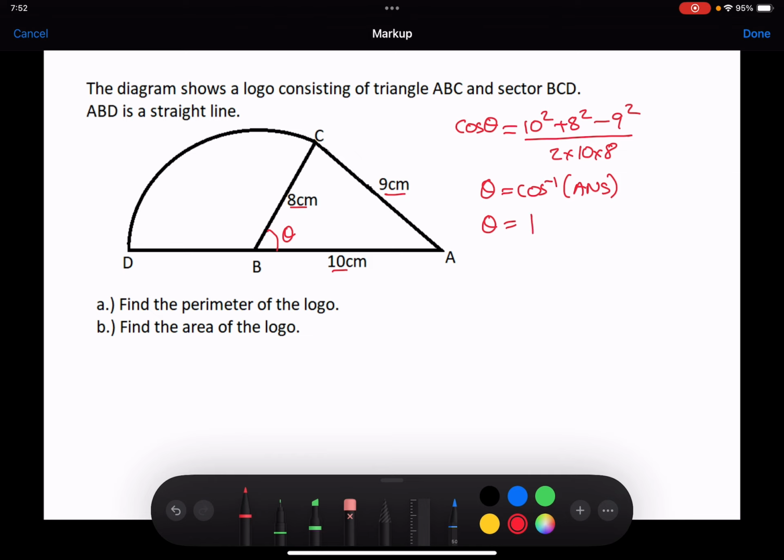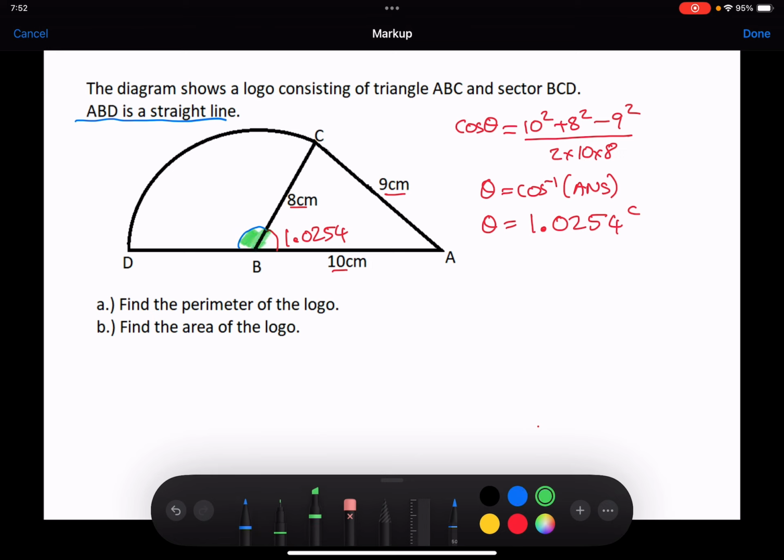So, I work out that that angle theta is 1.0254 radians. Now I can use that to work out this angle, because I've been told that ABD is a straight line.